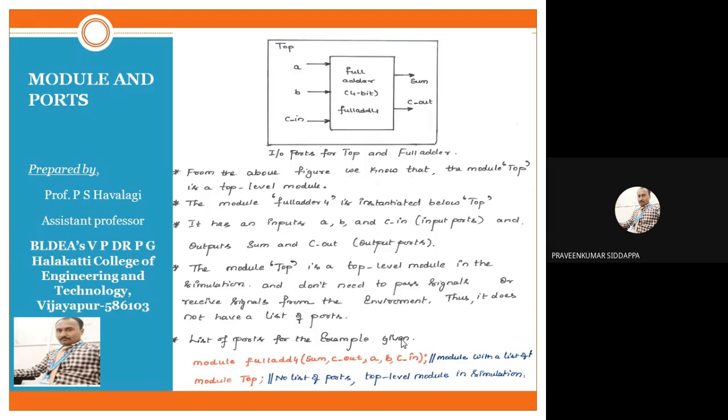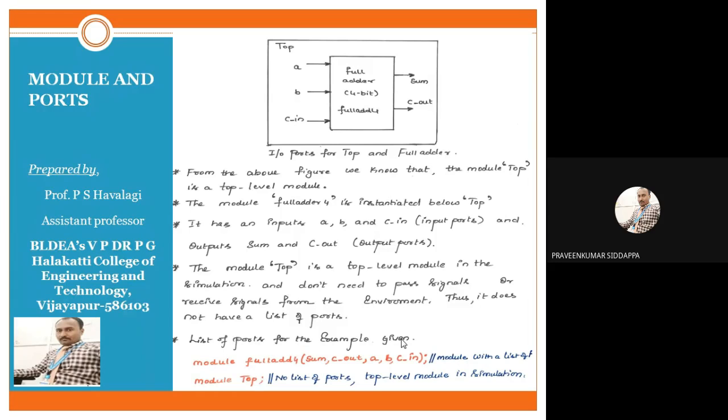Because of that, A, B and C are the input ports, and the two output ports are called sum and C out. The model top is a top-level model in the simulation and does not need to pass signals to or receive signals from the environment. Thus, it does not have a list of ports.